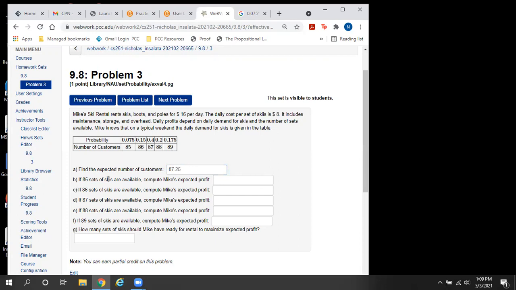If only 85 are available and 88 people come in, 3 people are not going to get skis and they're going to get turned away, right? So no matter what, if 85 sets are available, Mike's going to rent all of them every time. People good with that logic? Does that make sense? Any questions there?